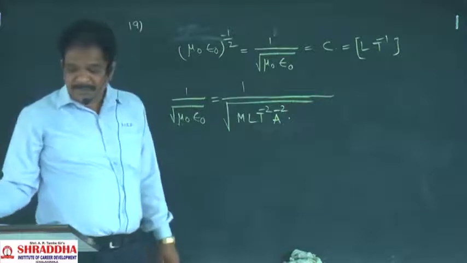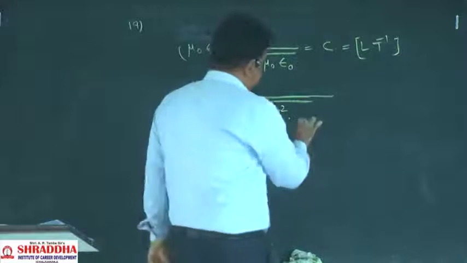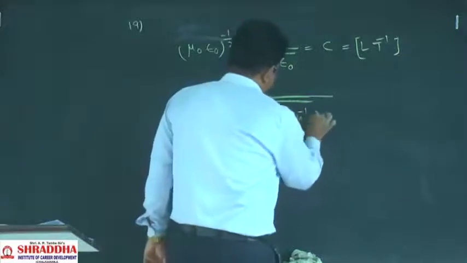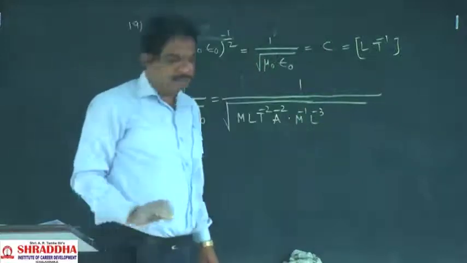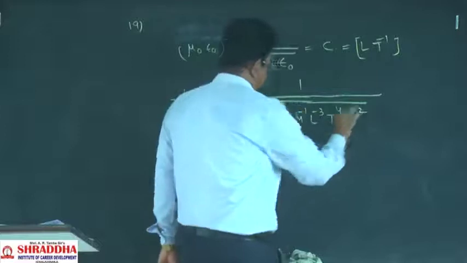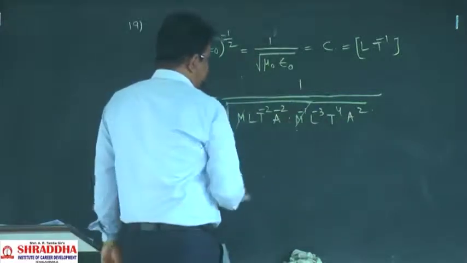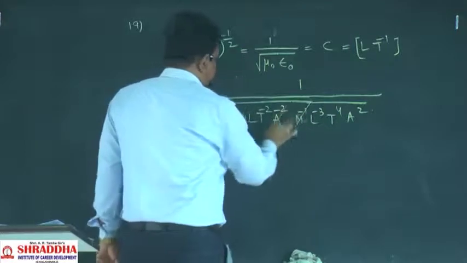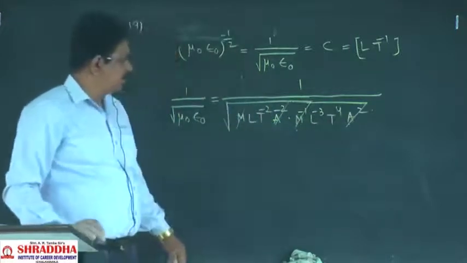Epsilon naught dimensional formula will be M power minus 1 L power minus 3 T power 4 A square. So M power minus 1, A power minus 2, A power minus 2 will vanish.